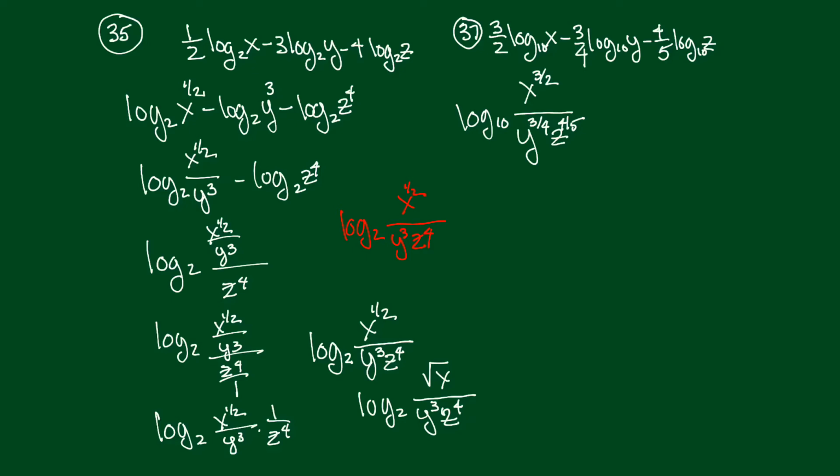And in 37, I've got three rational exponents. I'm going to convert those to radicals. So how about if we wrote that as the log base 10 of, okay, this is going to be what? Now the bottom number tells you the root, the top number tells you the power, so this is going to be the square root of x cubed. In the bottom, we're going to get the 4th root of y cubed and the 5th root of z to the 4th.